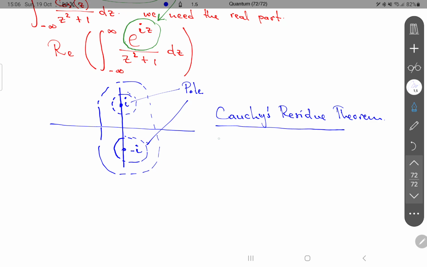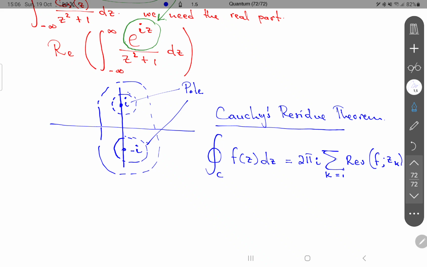It states that the integral around a contour of f of z dz is equal to 2 pi i times the sum of the residues of f at z sub k, where k goes from 1 to n. So this is the theorem for Cauchy's residue theory.